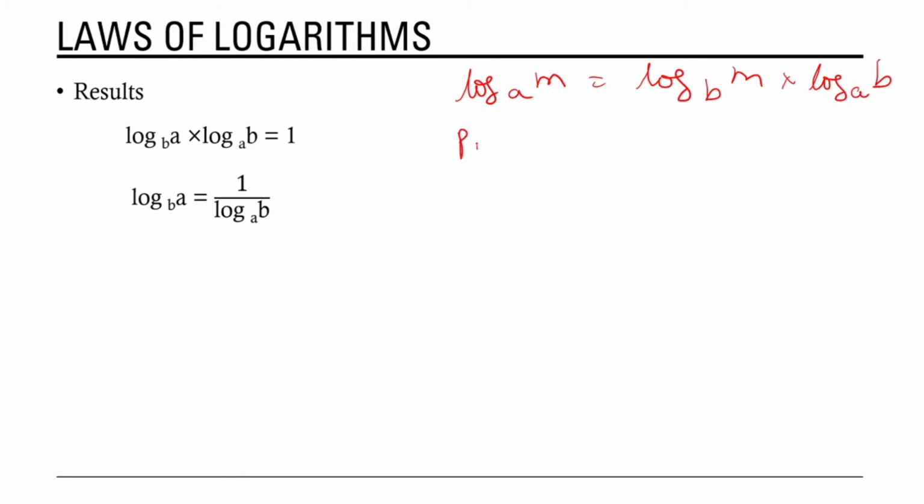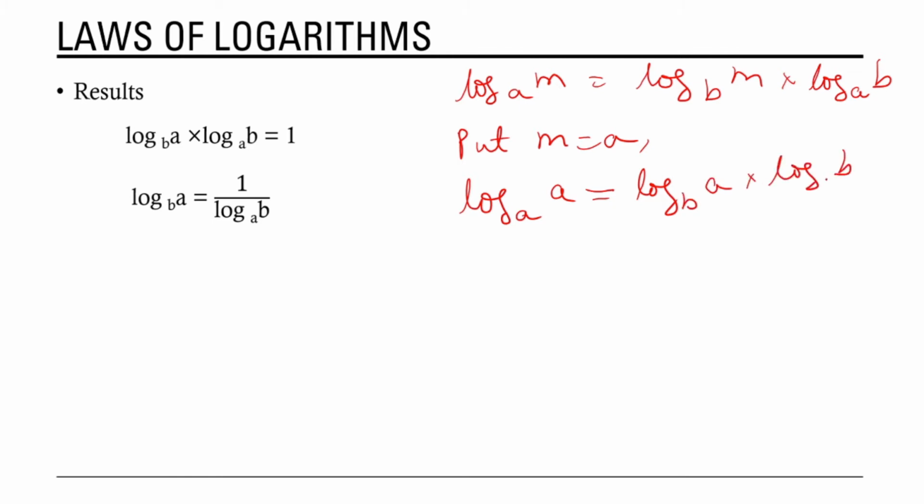Now, I am putting m is equal to a in this relation. What will I get? I will get log a to the base a is equal to log a to the base b into log b to the base a. We know that log a to the base a is equal to 1. So, 1 is equal to log a to the base b into log b to the base a.